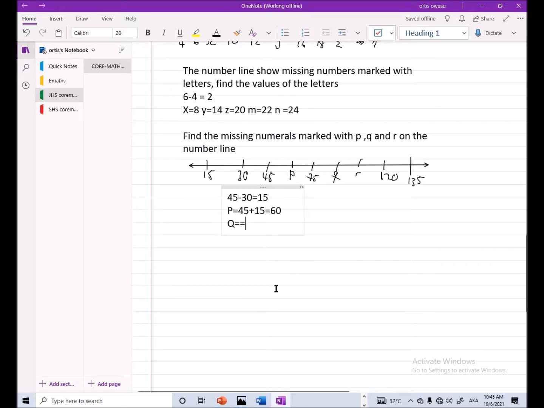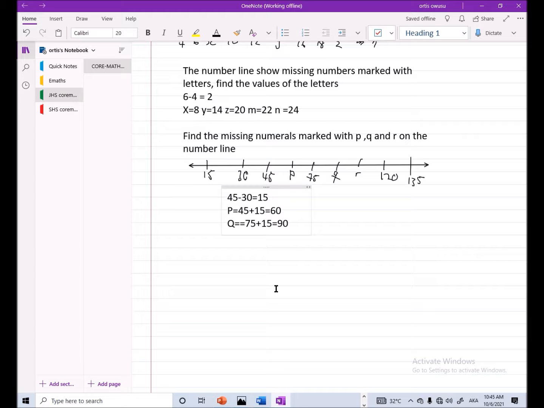So 75 plus 15 will give me what? 75 plus 15 will give what? 90, right? 90.